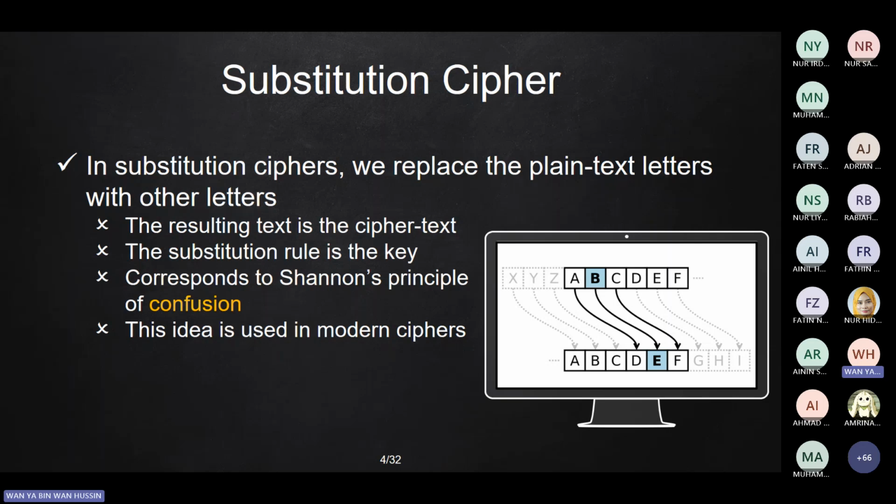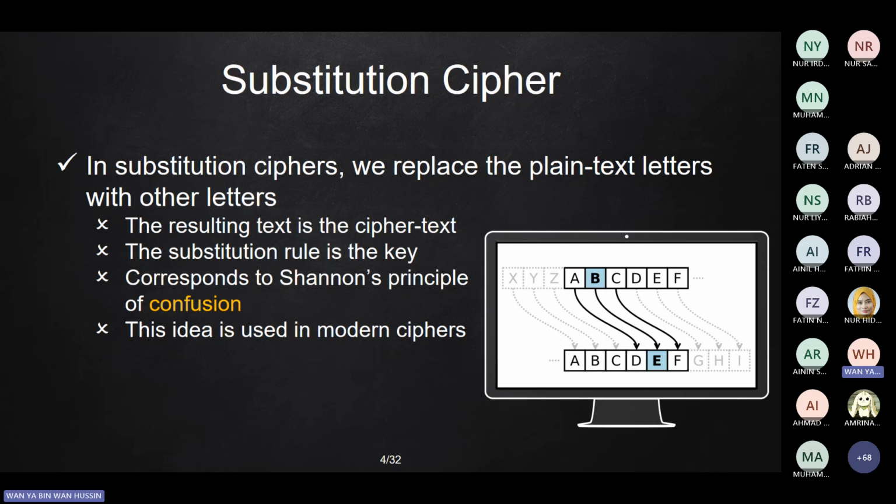The result of this transformation we call ciphertext, and the rule of the substitution we call the key. It corresponds to Shannon's principle of confusion.